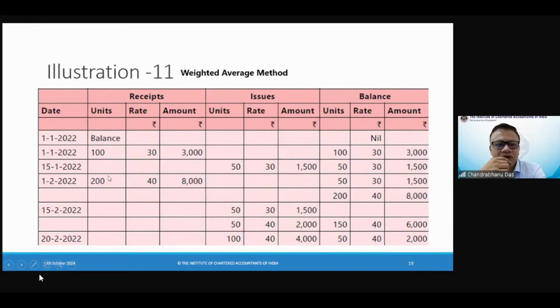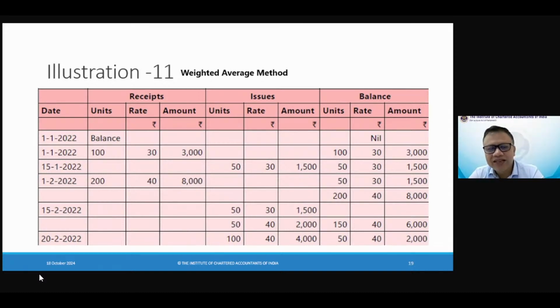Can you see any sales between 1st February to 15th February? Any sales you are seeing in the table? Sir, no sales, sir.